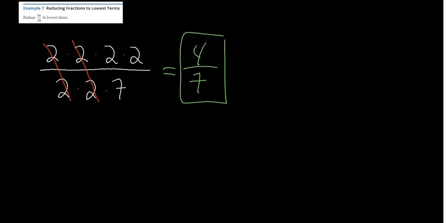So once I got my prime factorization out of the way, I need to just simply cancel, right? So what I mean by that is, well, these cancel, and that's it. So my solution here is 2 times 2, which is 4, and then 7 by itself is 7. And that's it. 4/7 is the same thing as 16 over 28, it's just reduced.